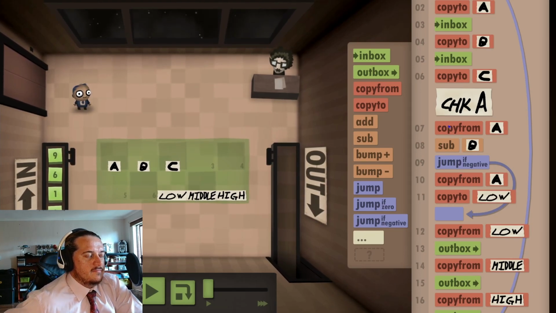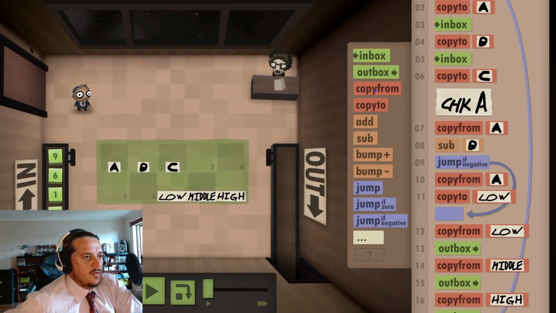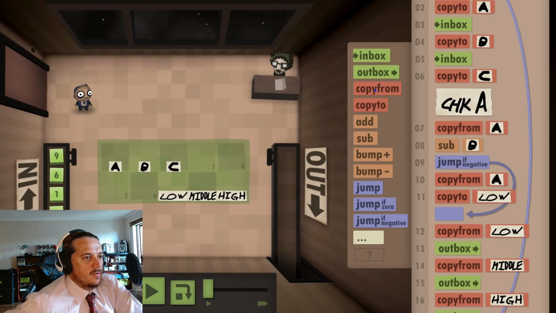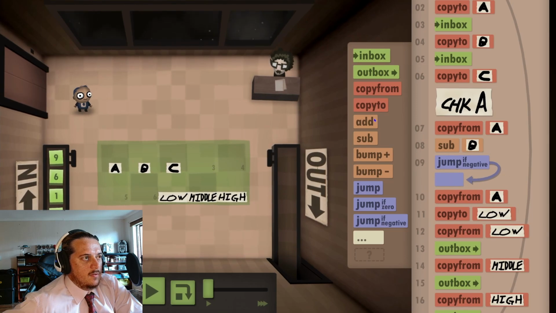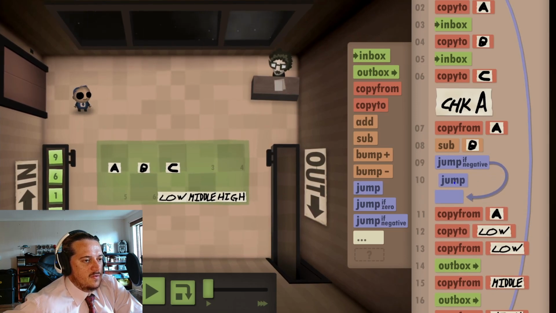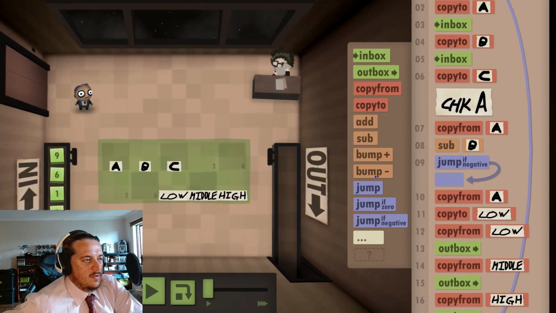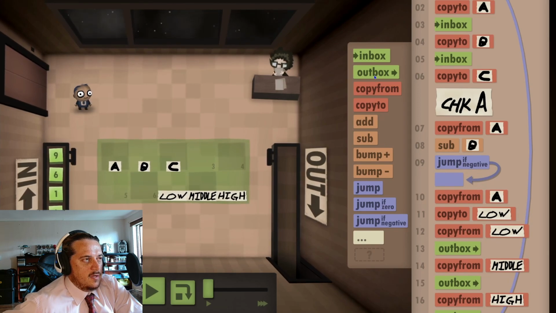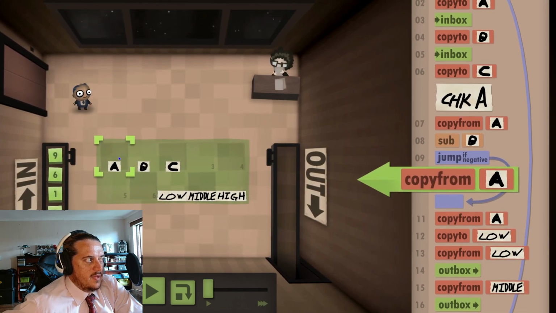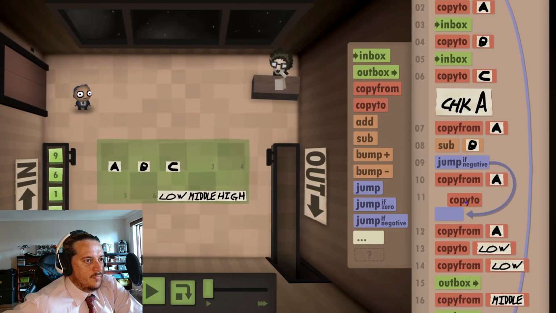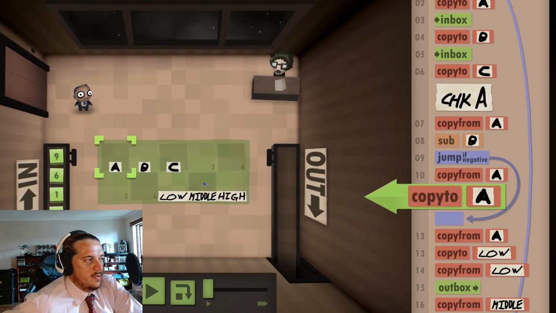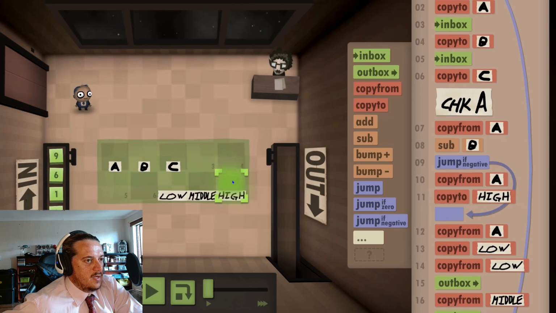And then if positive, I'm going to grab A and we're going to put it in high.